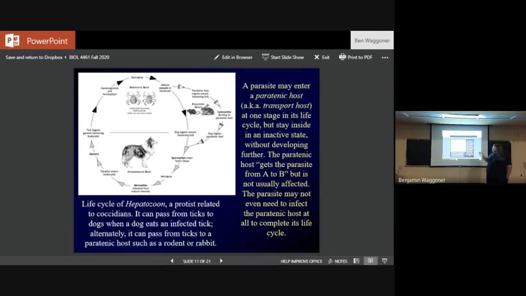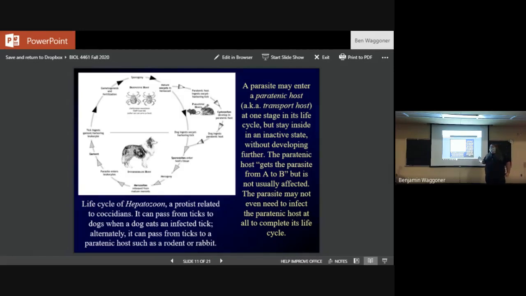so related to coccidians, you have a critter called hepatozoans, and it spends part of its life cycle in ticks. And you've all seen dogs biting themselves trying to get rid of ticks, right? If a dog bites and swallows an infected tick, it can parasitize the dog directly.